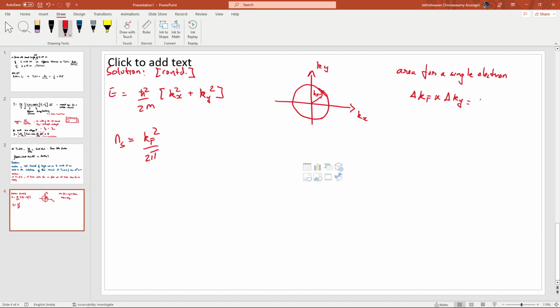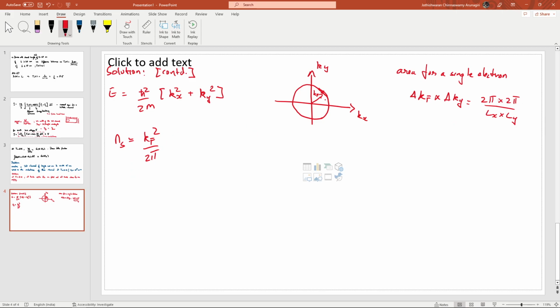Any ideas? Upspin, downspin? So there is an upspin and there is a downspin. Well, that's technically not the reason. The reason is this: this quantity delta kx into delta ky is 2 pi into 2 pi divided by Lx into Ly, correct? You should remember this from your basic quantum mechanics.